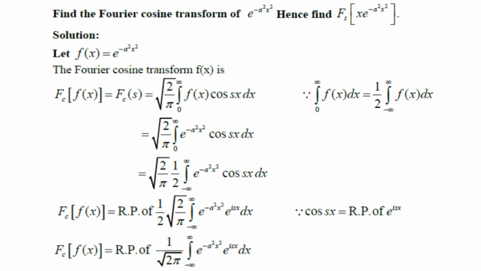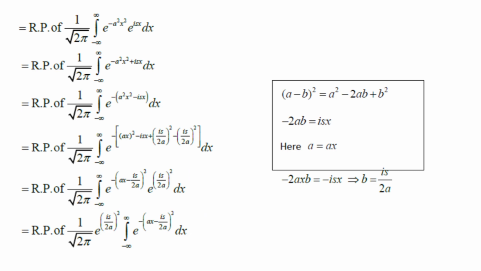Use the formula a minus b the whole square equals a square minus 2ab plus b square. Here a is equal to ax, minus 2ab is equal to isx, and b is equal to is by 2a. Using the formula, the real part of 1 by square root of 2 pi, integral from minus to plus infinity of e power minus of ax minus is by 2a, the whole square, into e power is by 2a the whole square, dx.